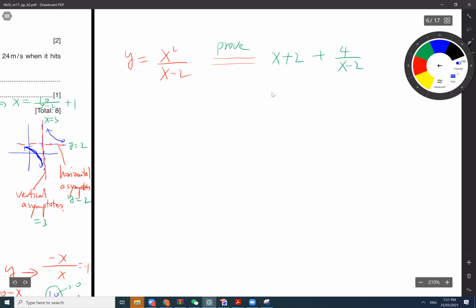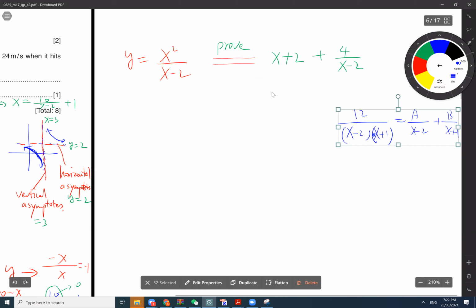It's a partial fraction. You're talking about partial fractions. The typical form is like this: over x minus 2, x plus 1 equals a over x minus 2, plus b over x plus 1. This is partial fraction, where you split into two fractions. The idea is the same. How do you prove it?